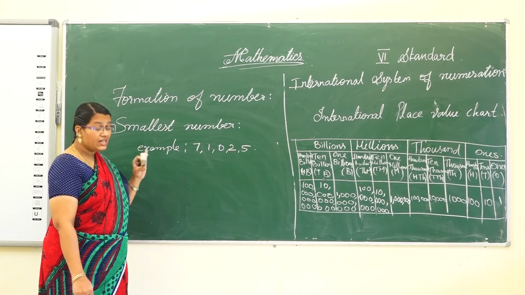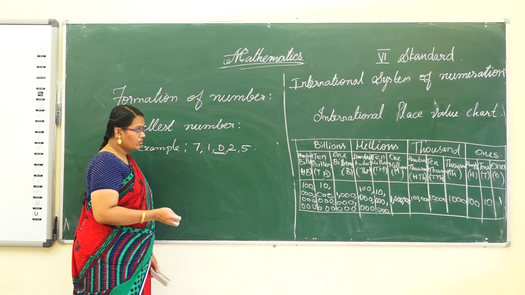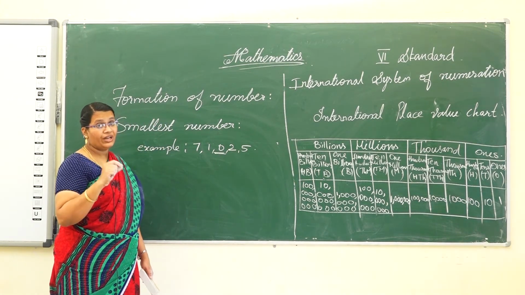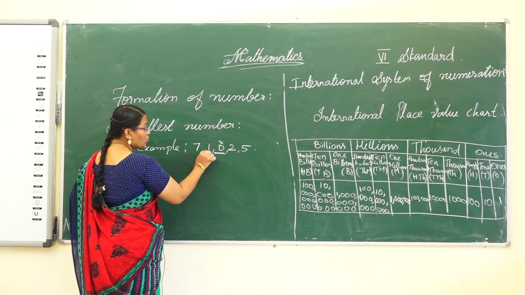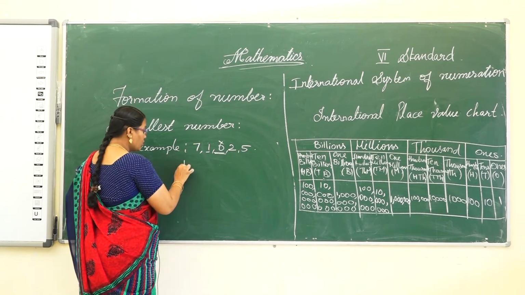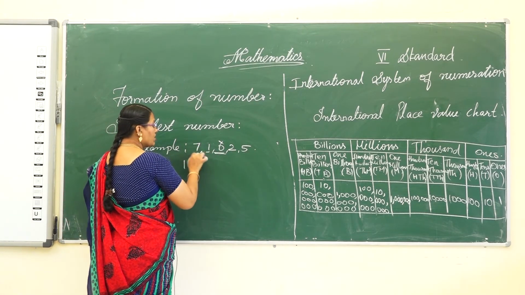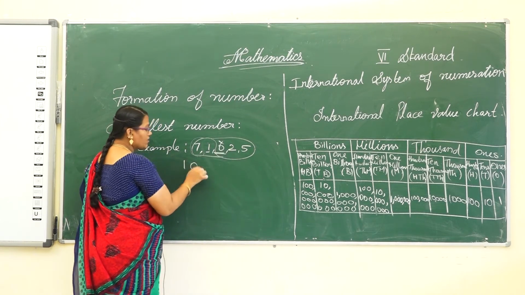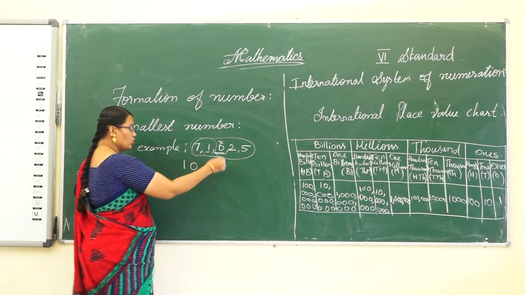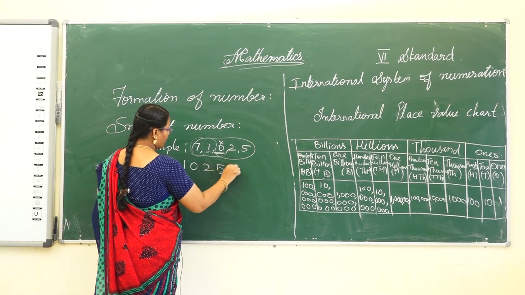The first digit is 0, but 0 is not valid in front of a number, so we do not put it first. The next smallest is 1, so write 1 first. After that, put the 0 in this place, and then 2, 5, 7.